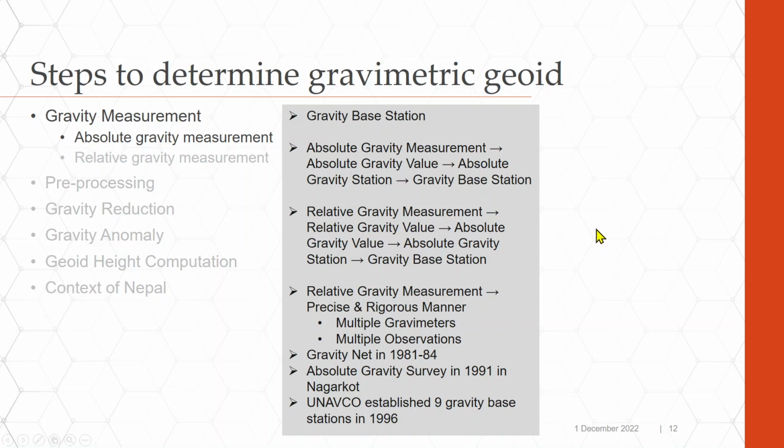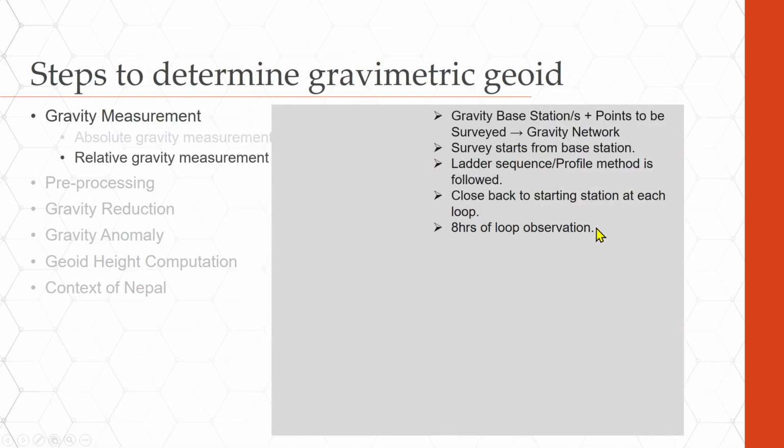Now let's talk about relative gravity measurement. First, we establish gravity base stations, and there are points to be gravity surveyed. So gravity stations and points to be surveyed form a gravity network. We always start our gravity survey from a base station.